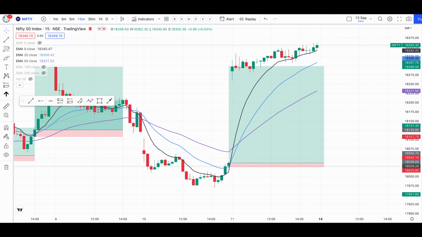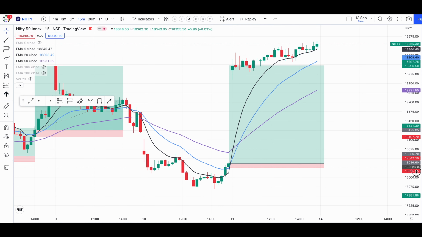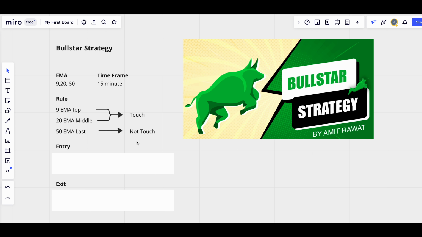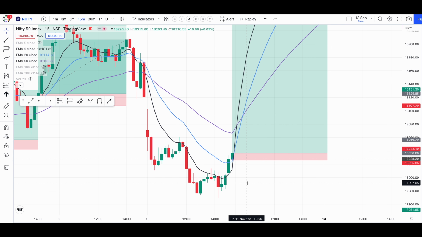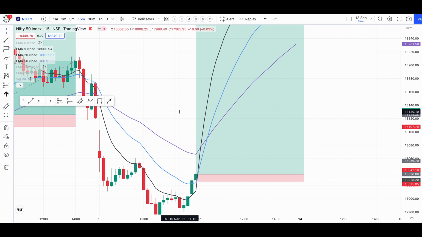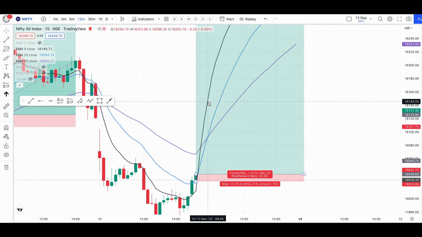And the candle should touch both the 9 EMA and 20 EMA, either the candle or its shadows, but it should not touch your 50 EMA. Here I can see that happened, right? It's touching the 9 EMA and 20 EMA, and my 9 EMA is on the top and the middle is the 20 EMA.